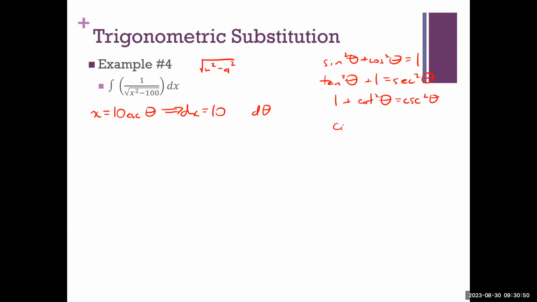If I solve this for cosecant squared, no, it already is. If x is 10 cosecant theta, what is dx? I think it's -10 cosecant theta, cotangent theta, d theta.